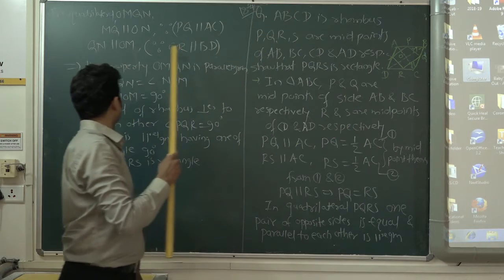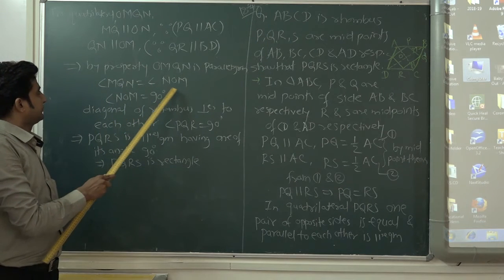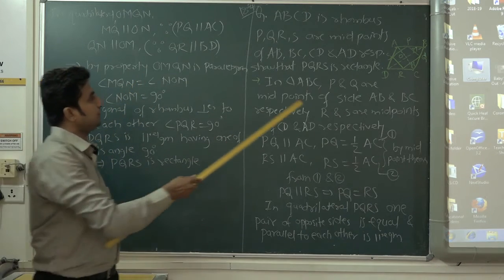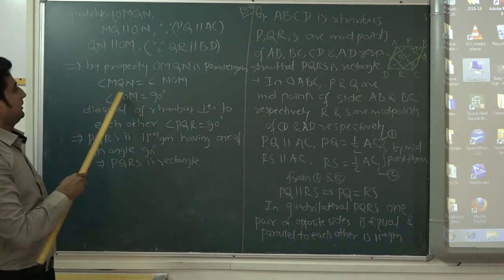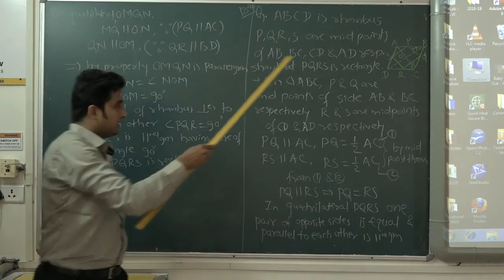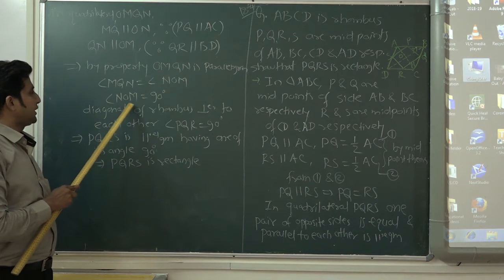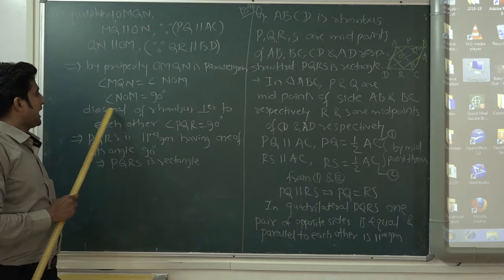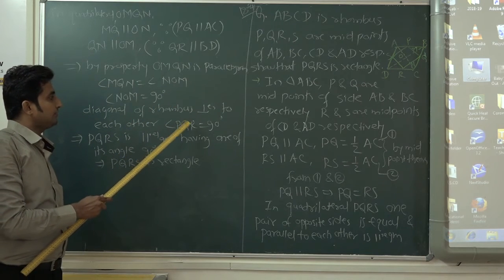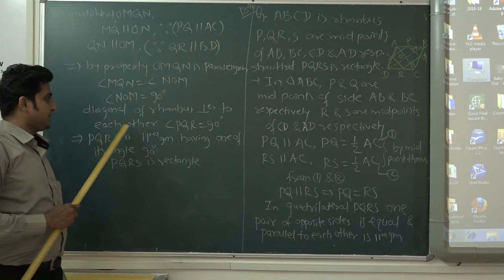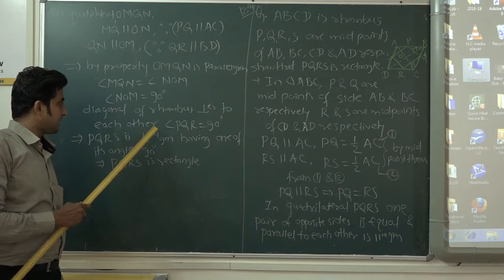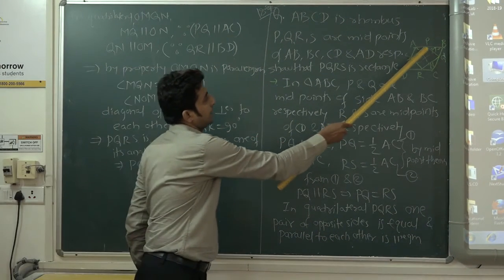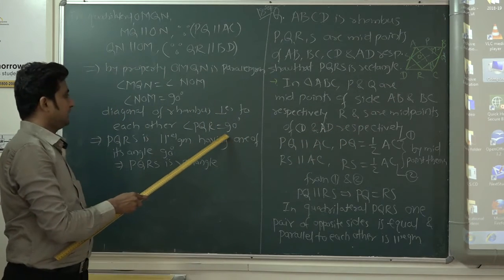Why do we say this? If you observe, angle Q and angle O are of 90 degrees. Angle NOM is 90 degrees, because the diagonals of a rhombus are perpendicular to each other at 90 degrees. So angle PQR is 90 degrees.